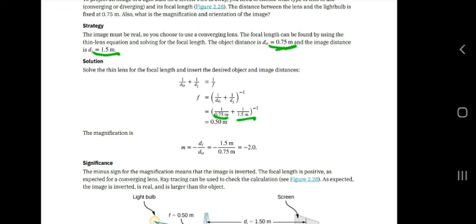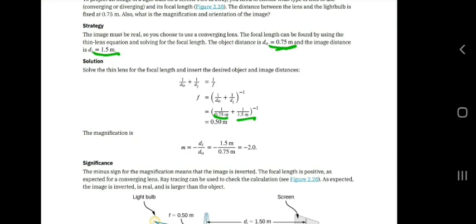So as you can see here, the magnification is equal to negative image distance over object distance. The value of the image distance is 1.5 meter, so we substitute it, and the object distance is 0.75 meter.